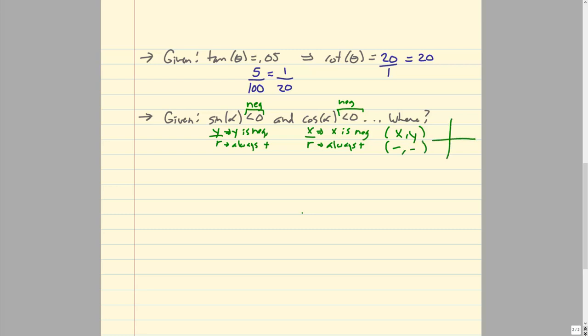So where does that occur? X is negative, y is negative in quadrant 3. So using that information, even though I don't know x and y, I can work backward to find that. So sine is negative and cosine is negative in quadrant 3.